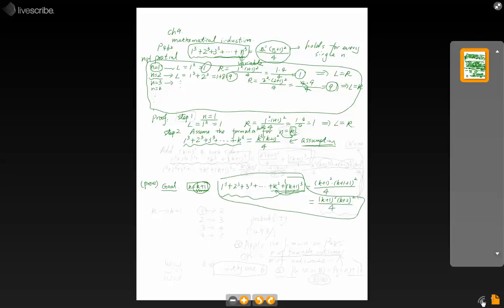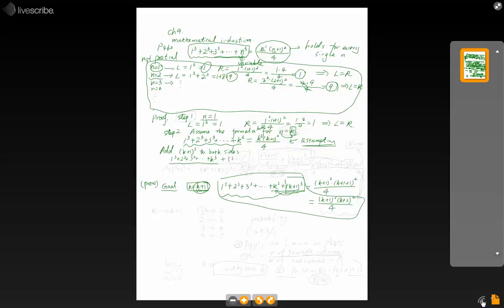So if we combine them, there's only one extra. So if I want to get my goal, I can add this extra term, k plus 1 cubed, to both sides of the assumption formula. And what did we get? If I add to both sides, I copy the left side of the original formula, that's the left side of the assumption formula.